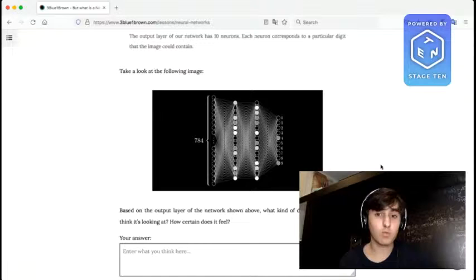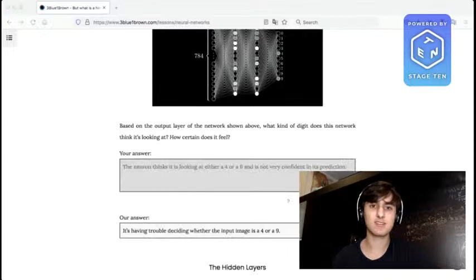I don't think it's confident in its prediction. So let's go ahead and type this: the network thinks it is looking at either a 4 or a 9 and is not very confident in its prediction. The moment of truth. It's having trouble deciding whether the input image is a 4 or 9. Perfect! That is fantastic news.